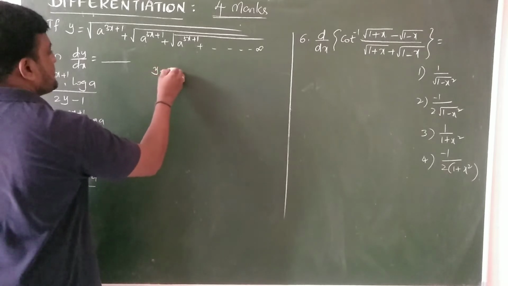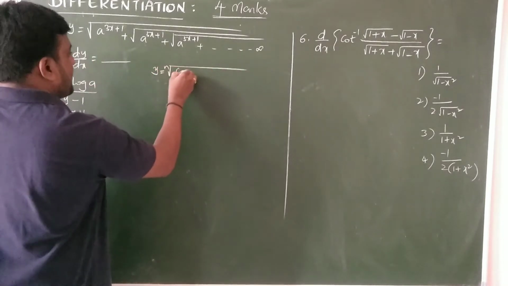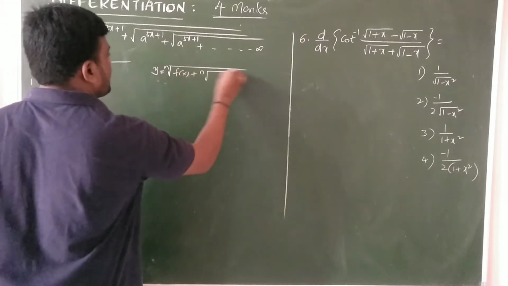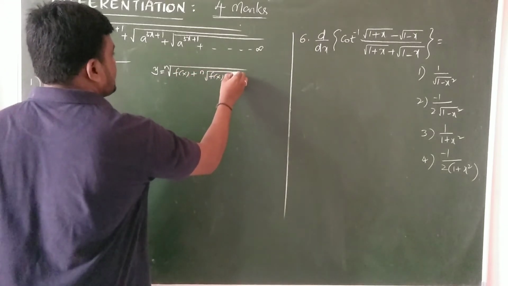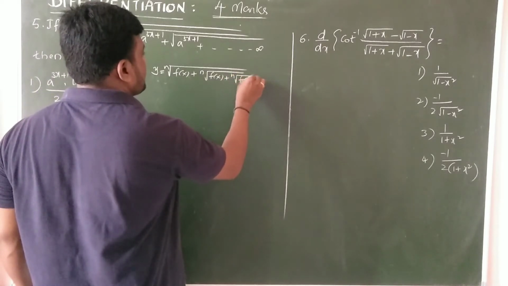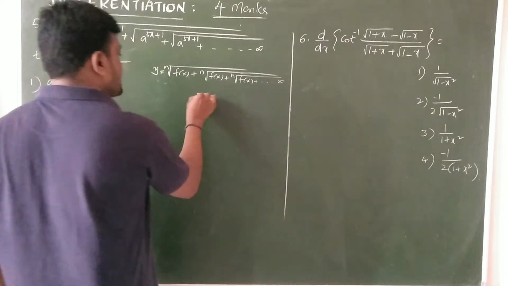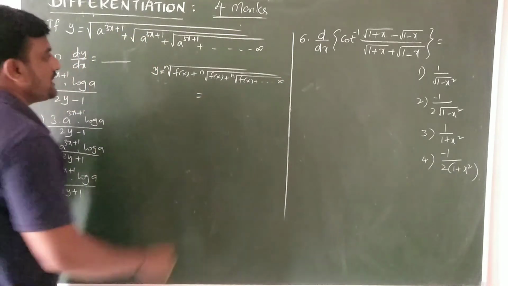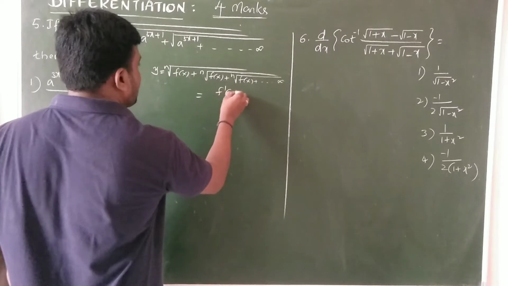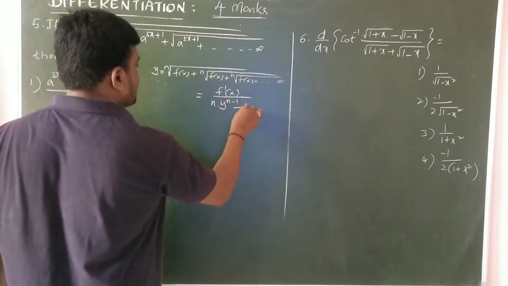Suppose y equals the nth root of f of x plus the nth root of f of x plus so on, plus the nth root of f of x, plus so on to infinity. Then we have one formula: dy by dx equals f dash of x by n into y power n minus 1, minus 1.